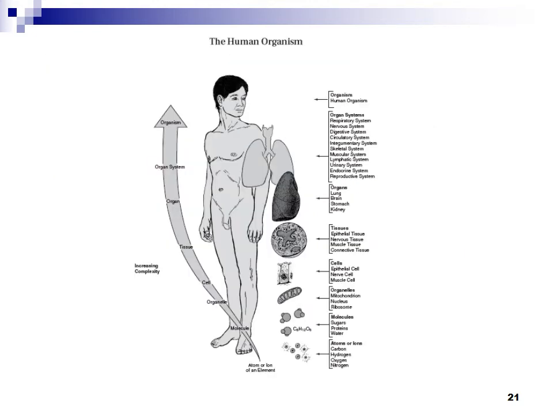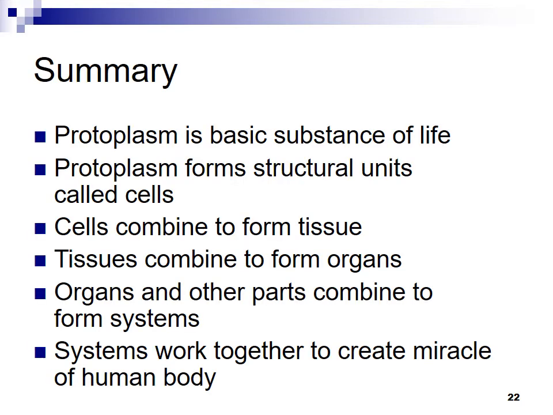So you can see the various organization of a human body, going from looking at just individual cells and organelles and tissues and organs, etc. So you can see it right up the chain there. So again, remember that protoplasm is a basic substance of life.